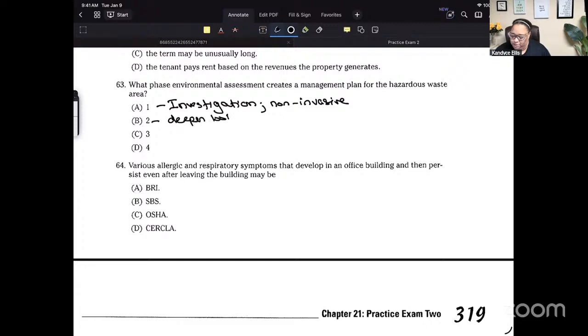It's a deeper look with sampling. Phase three, which is going to be our plan for fixing. And then he said four is rare, but it's the ongoing maintenance.